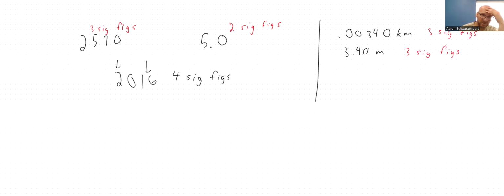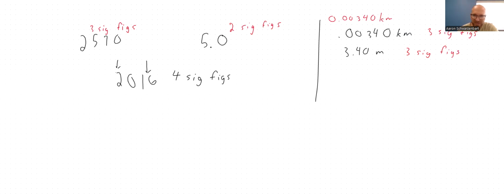Whether you write that number like that or like this, these zeros at the beginning are what's called placeholder zeros. They hold the place, they're important, but they do not indicate any level of precision. Okay?